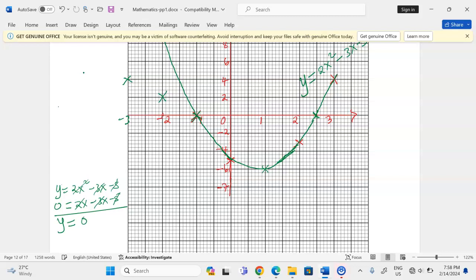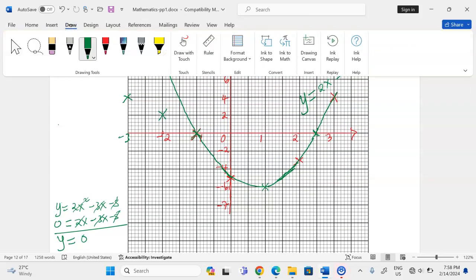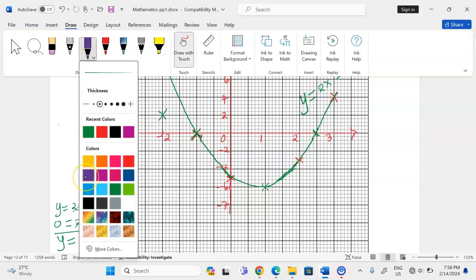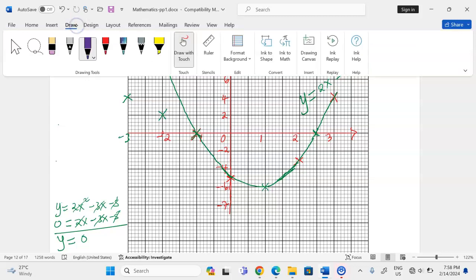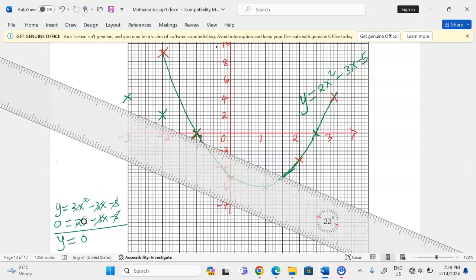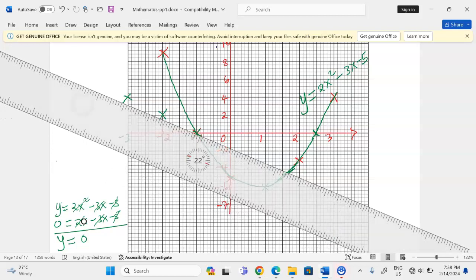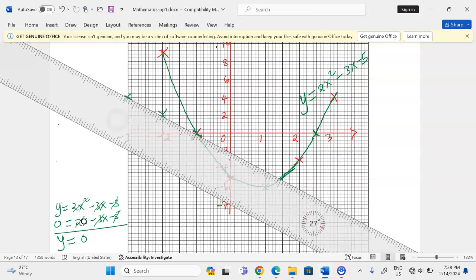That is the point. So for this line, allow me to use a different ink in the drawing, so I can use this color. So now I pick my ruler and I draw the line. I draw the line now.